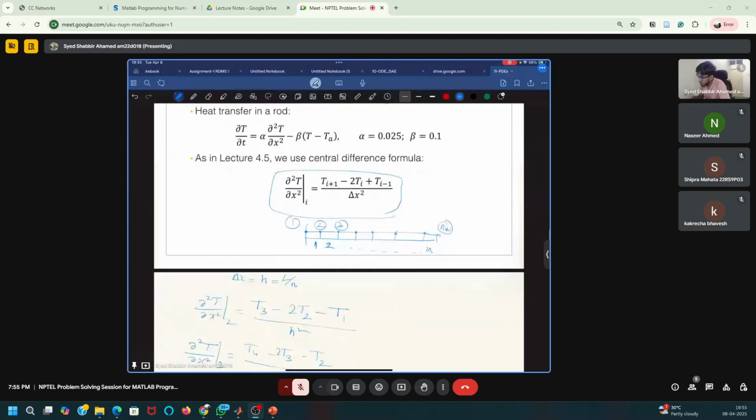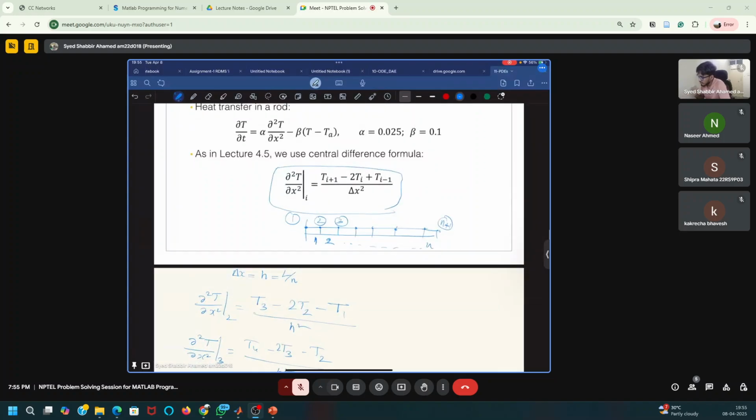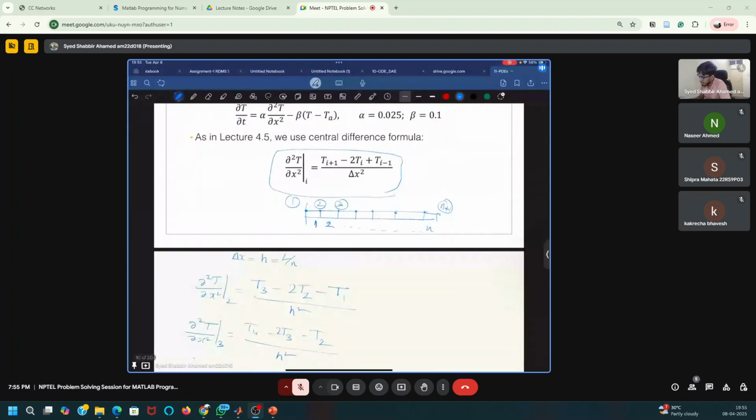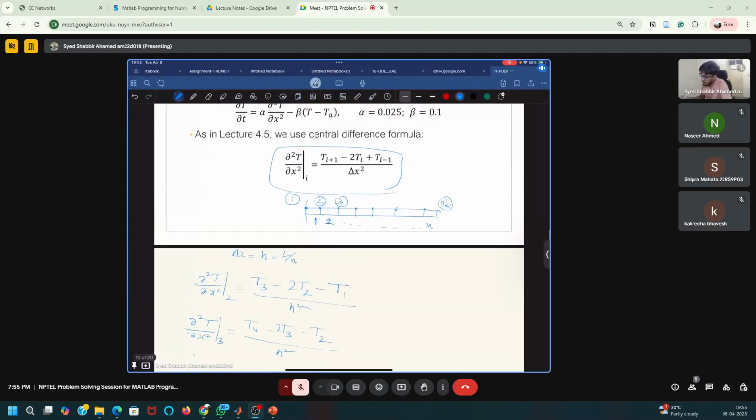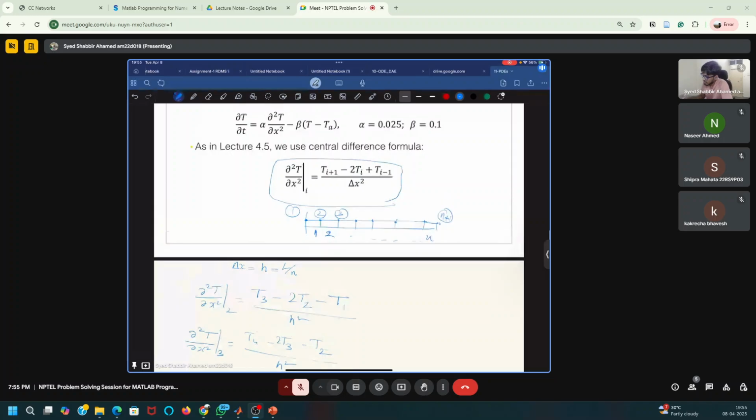Then you will replace d square T by dx square in this equation.